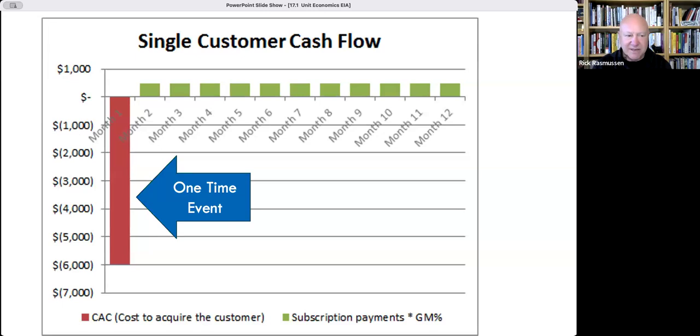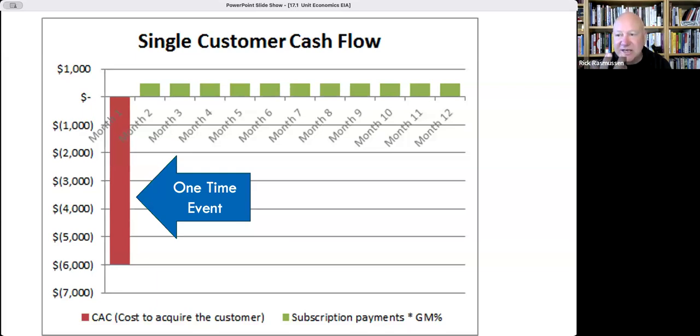And from a unit economic standpoint, this is what it looks like. So you're acquiring a customer. Let's use a mobile phone. So I'm a mobile provider. I advertise to you. I may bring you in the store with a discount or a free phone. I have a salesperson that I'm paying commission to. There's all kinds of costs associated with bringing you on board.